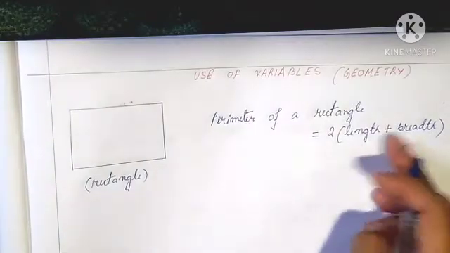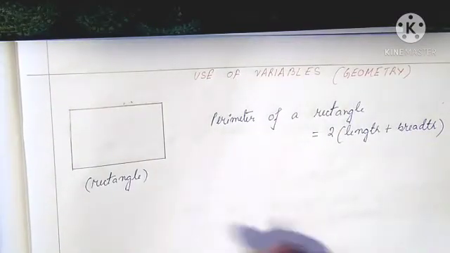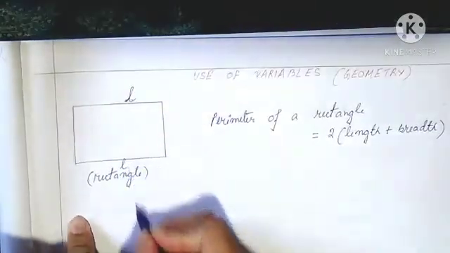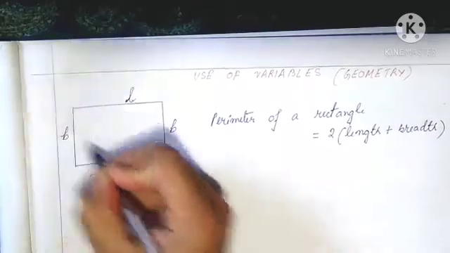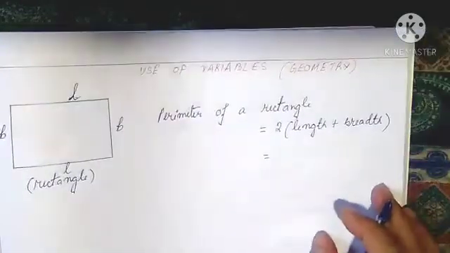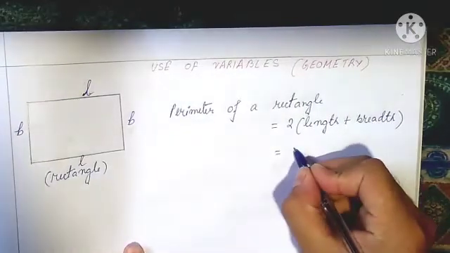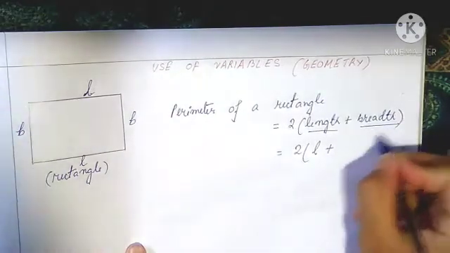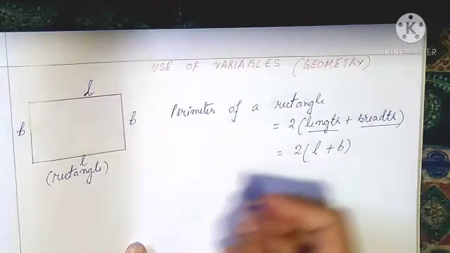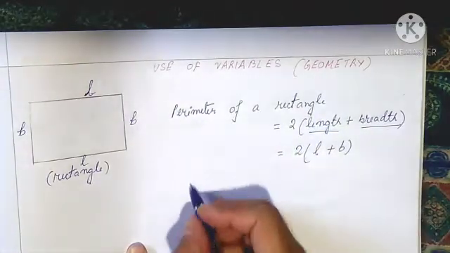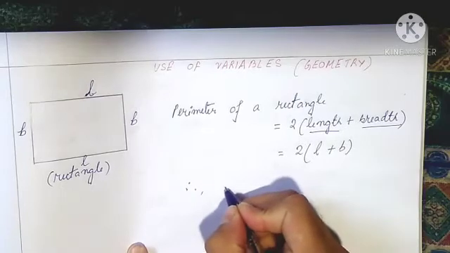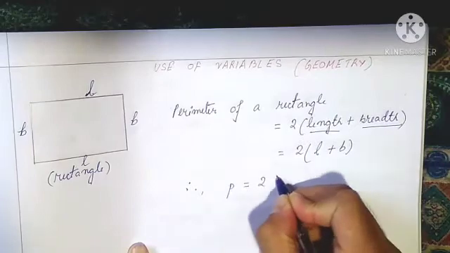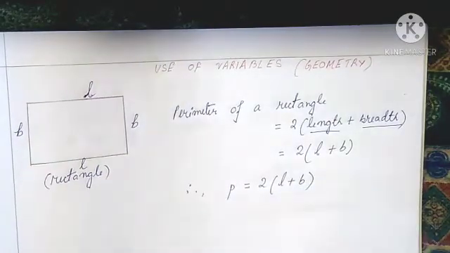So instead of writing length plus breadth, let us try to use variables. Here let me take the length to be the variable L and the breadth to be the variable B. So instead of writing twice length plus breadth, we can write twice L plus B. And instead of writing perimeter of a rectangle, we can use the variable P. So P equals twice L plus B. Understood?